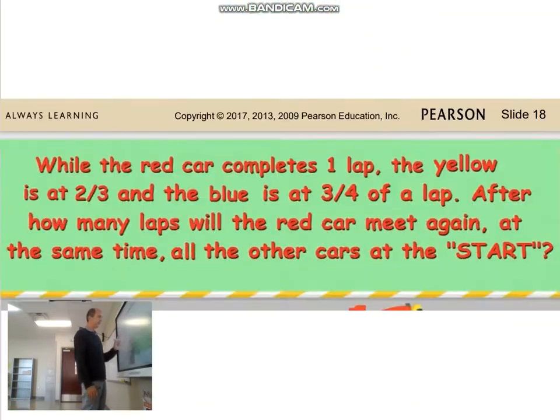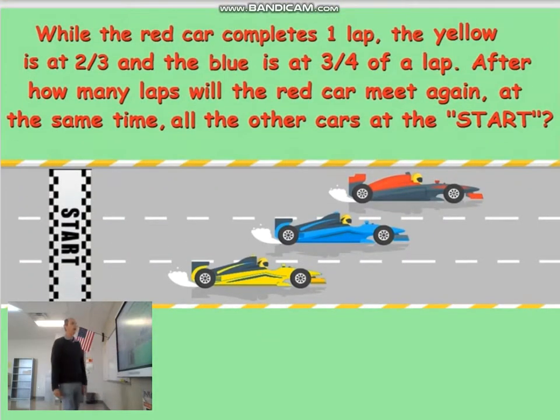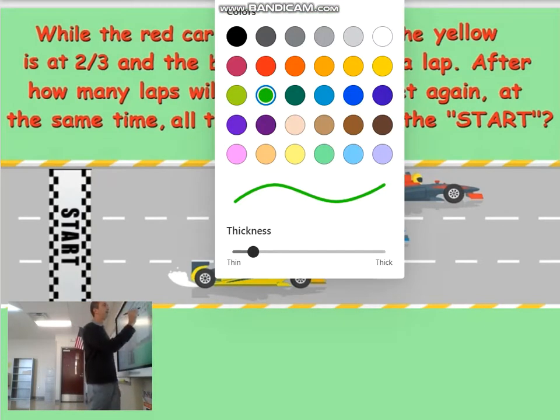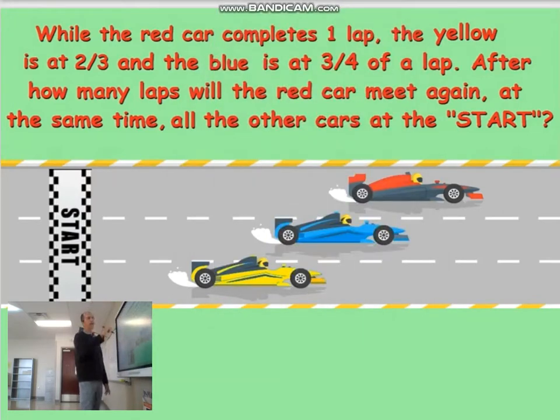All right, now we are back to our math puzzle. Now remember, this is going to be an application of least common denominator. Let me explain. Because if the red car is going around the circuit, the track, right, and is passing through the starting line several times, and also the blue car and also the yellow car, at some point, depending on the number of laps, they will be all completing laps at the same time.